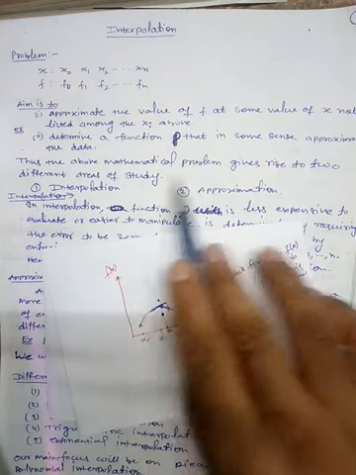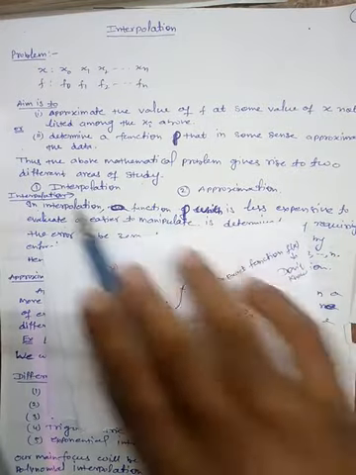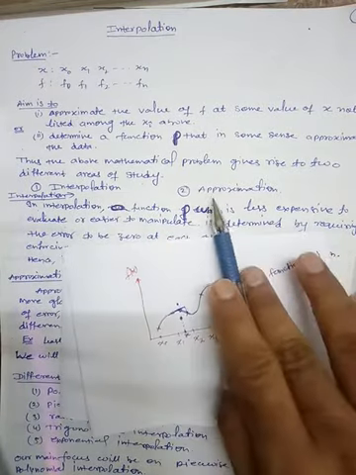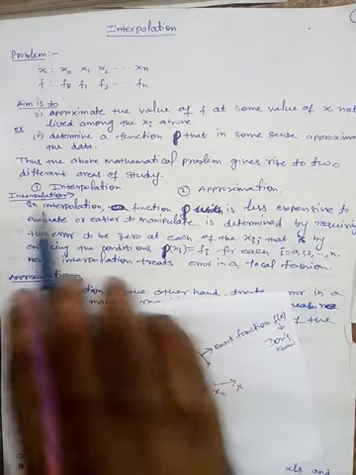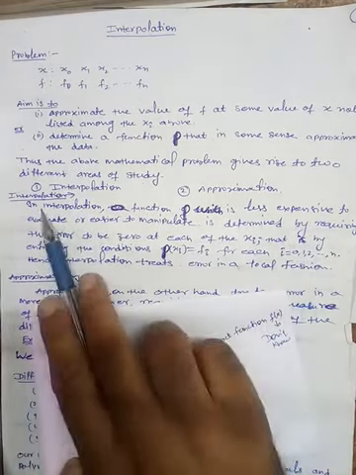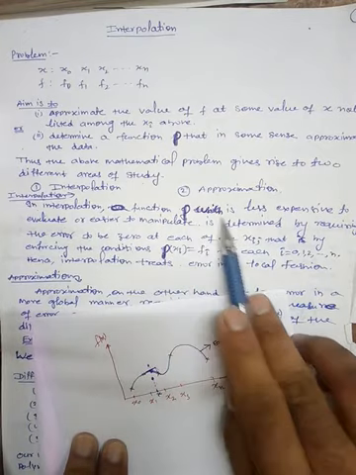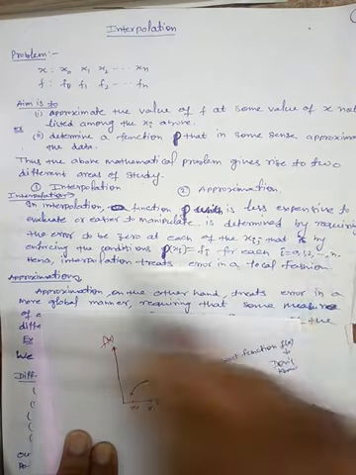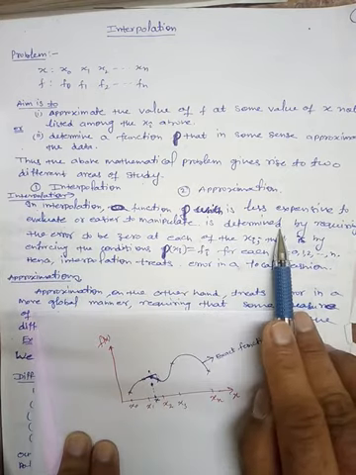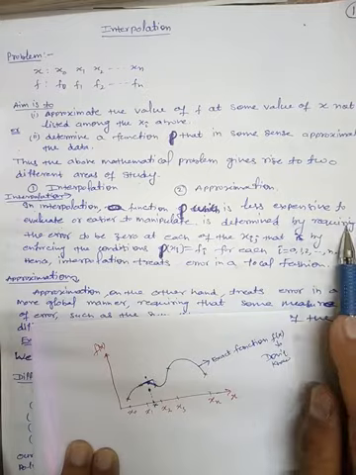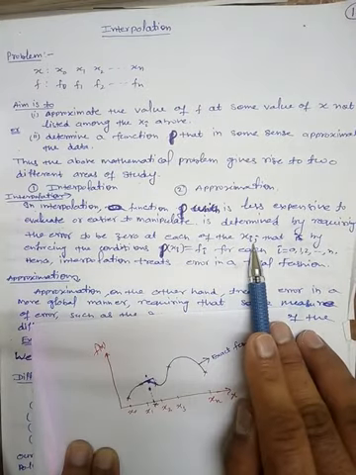Okay, so what are the ways? Thus the above mathematical problem gives rise to two different areas of study. One is interpolation, another one is approximation. So what is the difference? Let's see. What is interpolation? In interpolation, a function p which is less expensive to evaluate or easier to manipulate is determined by requiring the error to be 0 at each of the xi.